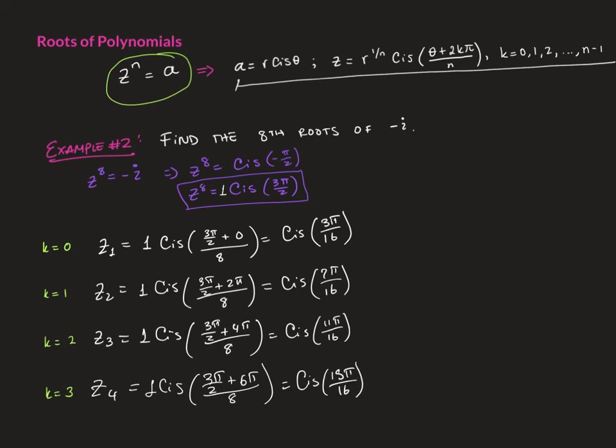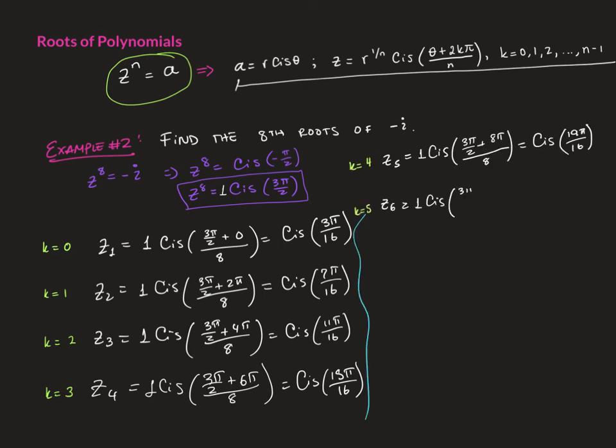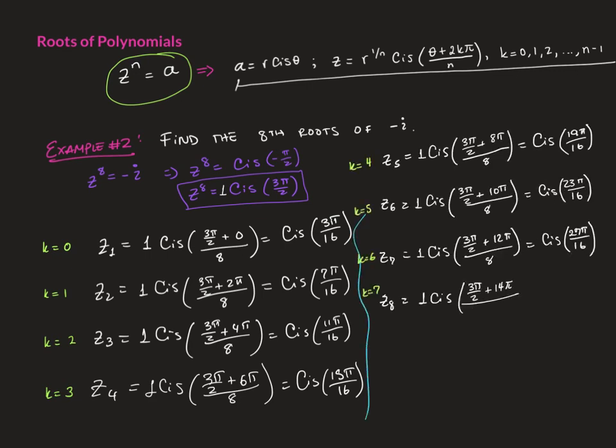Now similarly we can do the other 4 roots. And so we have found all the 8 roots of minus i.